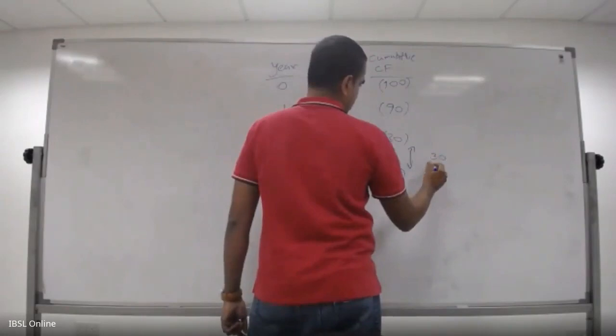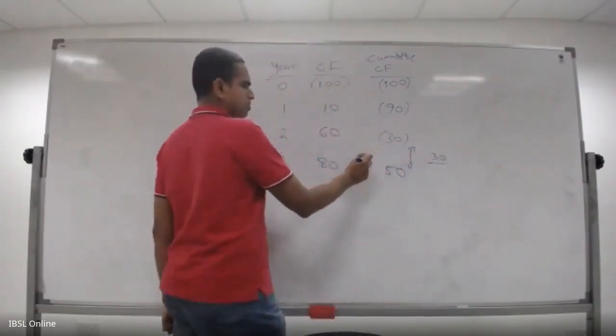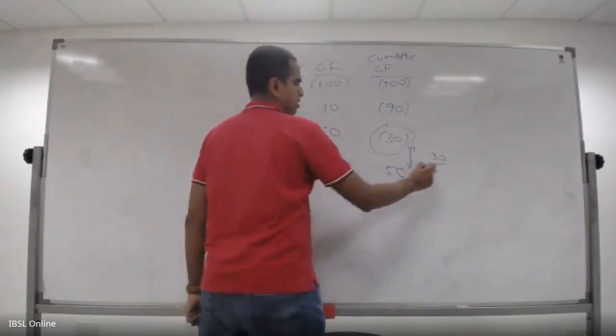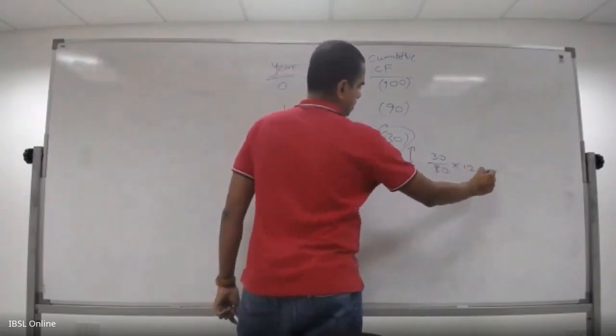So you need to recover this 30. And that year you're making 80 over a period of 12 months.